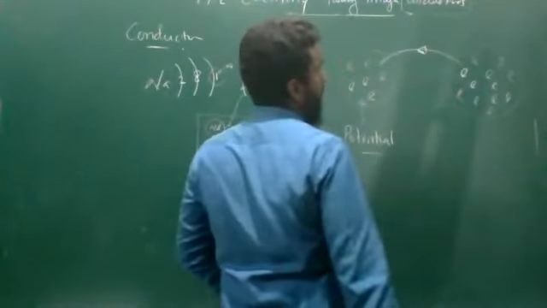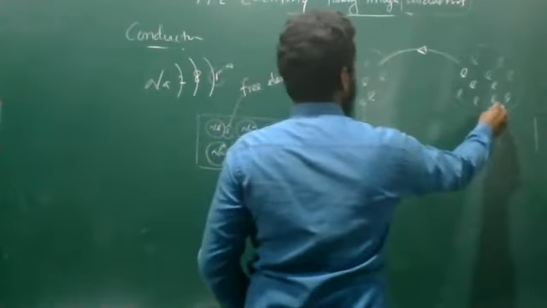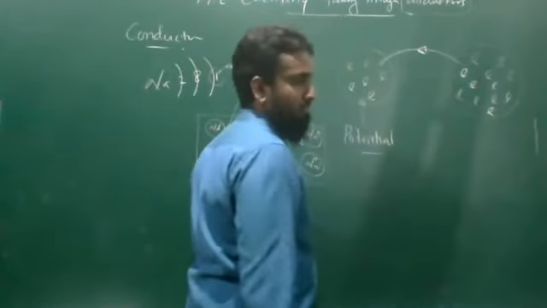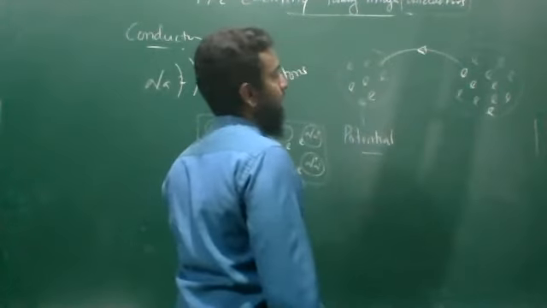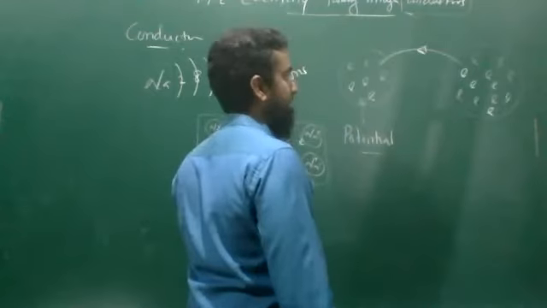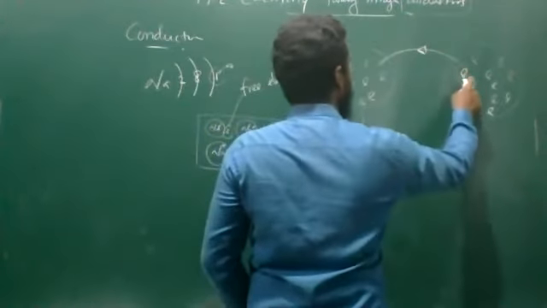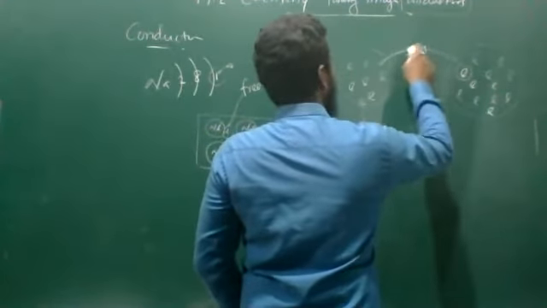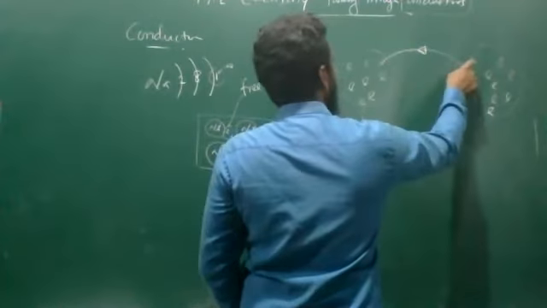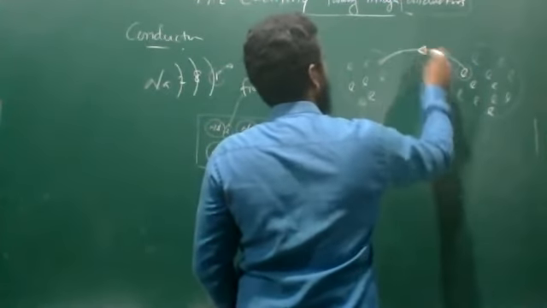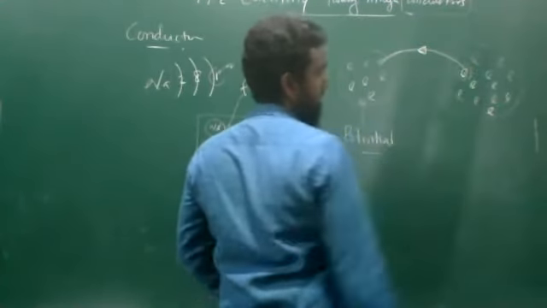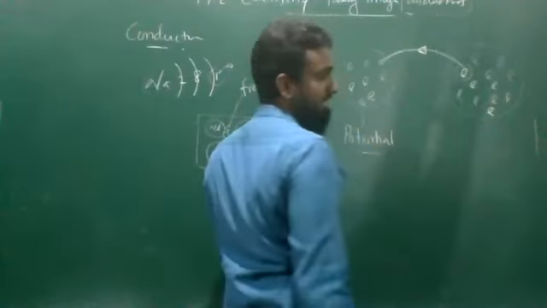Now you know the electron has a mass, from your chemistry. If a substance with mass is moving, there should be a force acting on this electron by this potential variation.